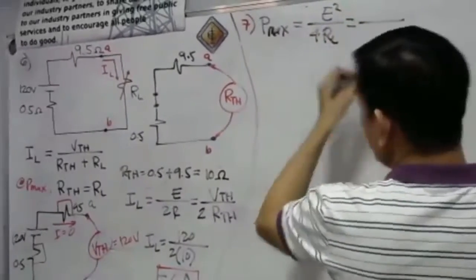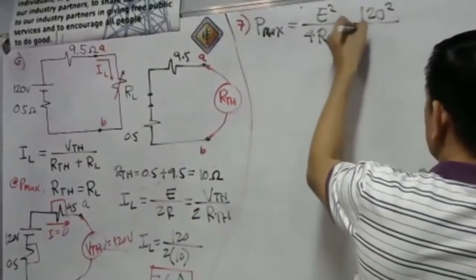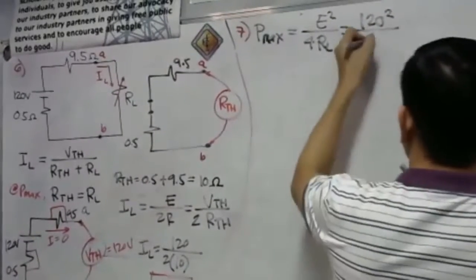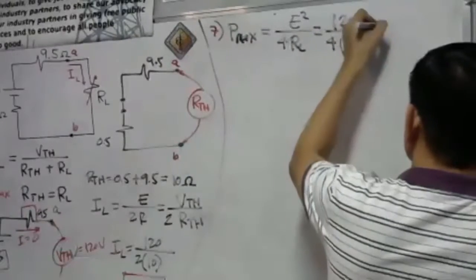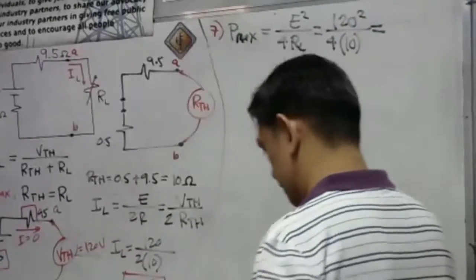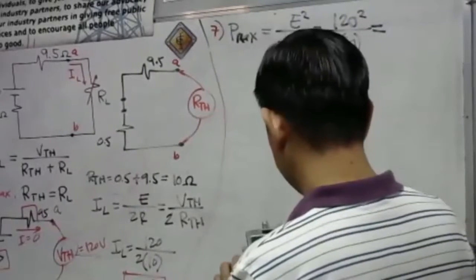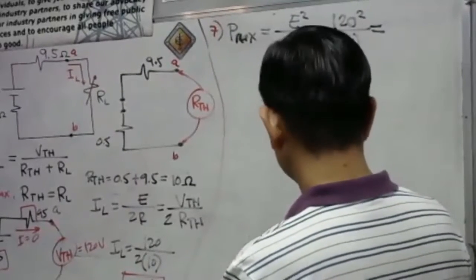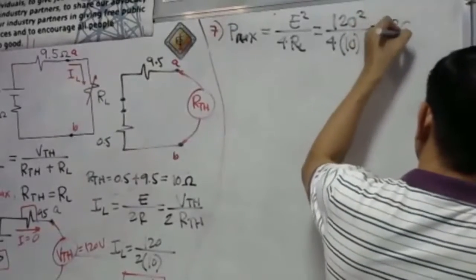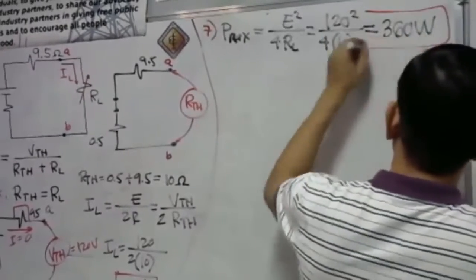What is our E? We have 120 squared over 4, then our RL is simply equal to RTH, which is 10. So 120 squared divided by 4, divided by 10 is 360 watts.